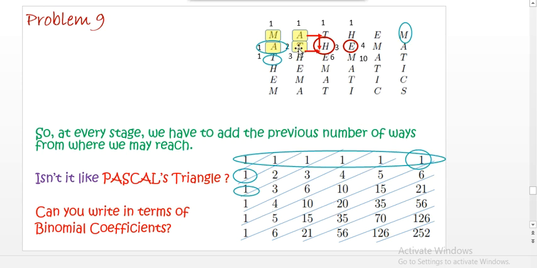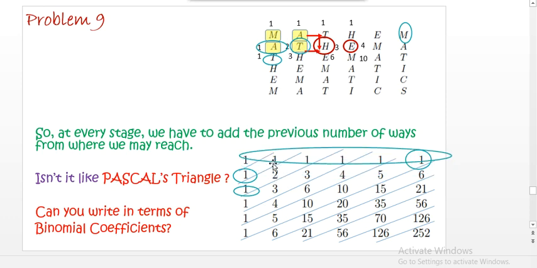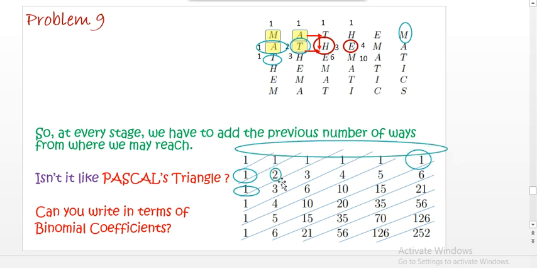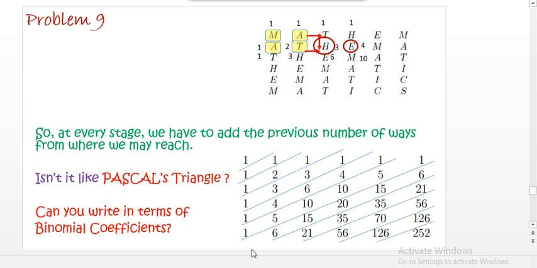So like we have discussed, till T I can reach in two ways. So I place a 2 here, and at every stage I have to add the two numbers immediately above it. So to get 2 I have to add this 1 and this 1. To get 3, I add 1 and 2.